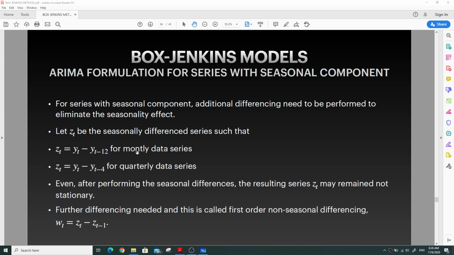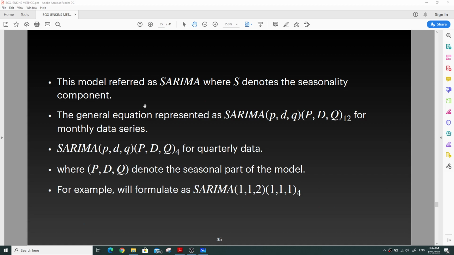Okay, this ARIMA formulation has its own name. We name it SARIMA, where S denotes the seasonal component, and the general equation to represent SARIMA is (p, d, q) with the small letters p, d, q and the capital letters P, D, Q. The small p is for AR, q is for MA, and d is for how many non-seasonal differences we need.